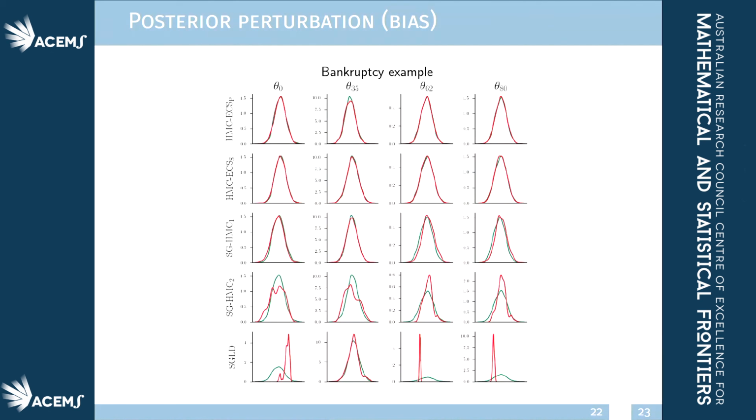The second row is the energy-conserving subsampling. That's what we've got. The third row is L1. The fourth row is the stochastic gradient HMC1 and HMC2. That's the third and fourth row. And the final row is the SGLD.